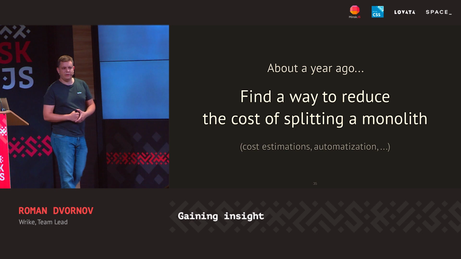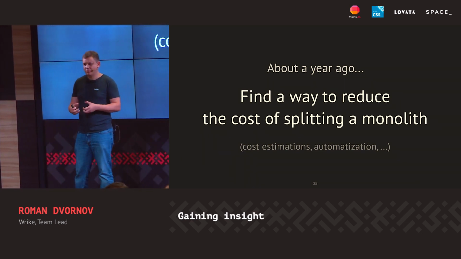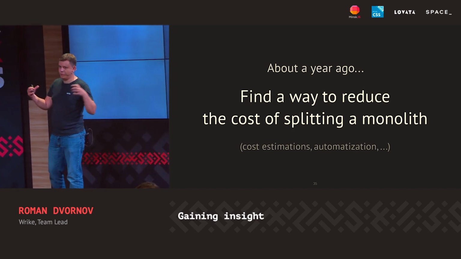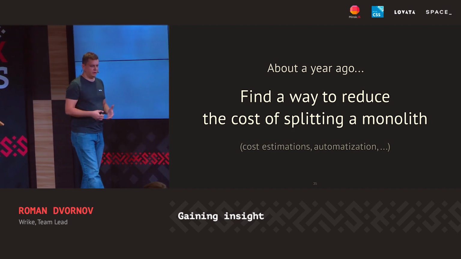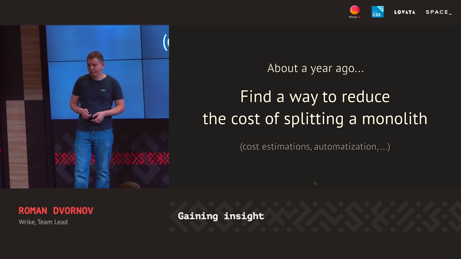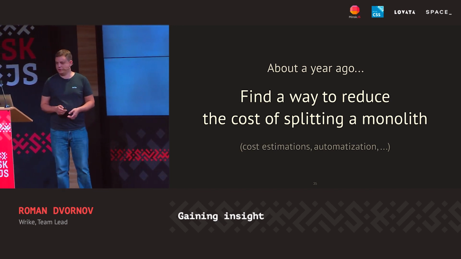About a year ago, I got a task to find a way to reduce the cost of splitting monoliths. We have a very huge code base, and we wanted to split it into parts. So we needed to estimate costs and make some automation.